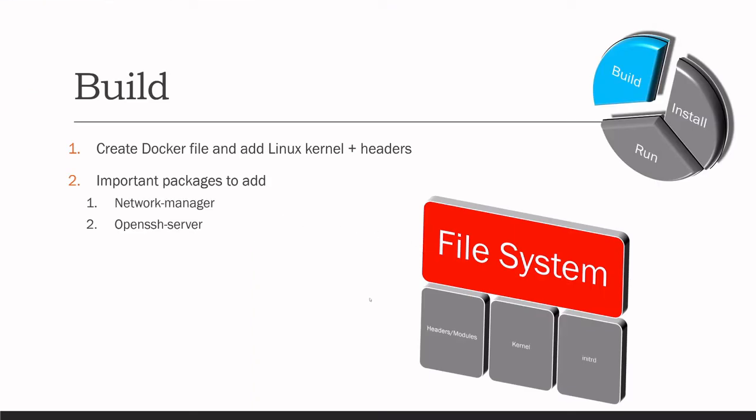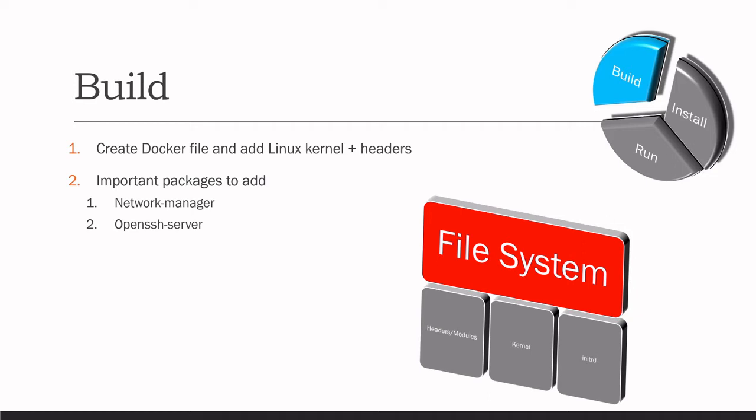Now, the other thing is that while we are adding these things, a couple of very important things to add are things like Network Manager, with which I have successfully loaded Wi-Fi onto this image itself. And to not make it very heavy, I'm not loading things like the GUI and the window managers and so on. I'm not adding any of that.